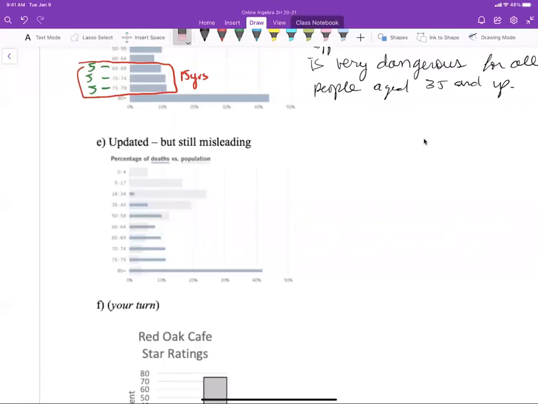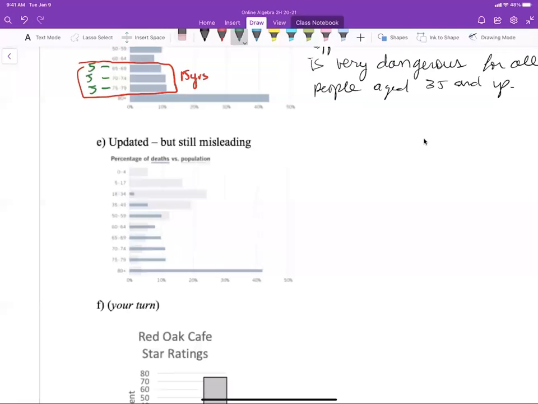Notice how much larger the dark value is above the percentage of the people that were in the population of 70 to 74.